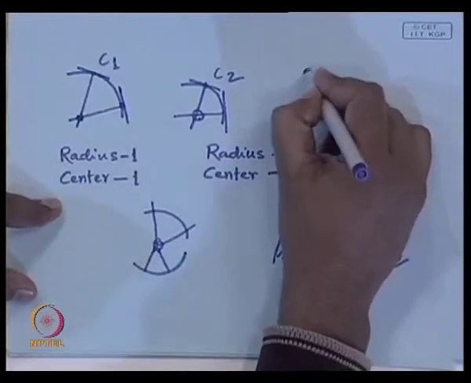If it is an ellipse, then radius and center are not sufficient, are they? I have to know the parameters a and b, because x square by a square plus y square by b square is the equation of an ellipse.